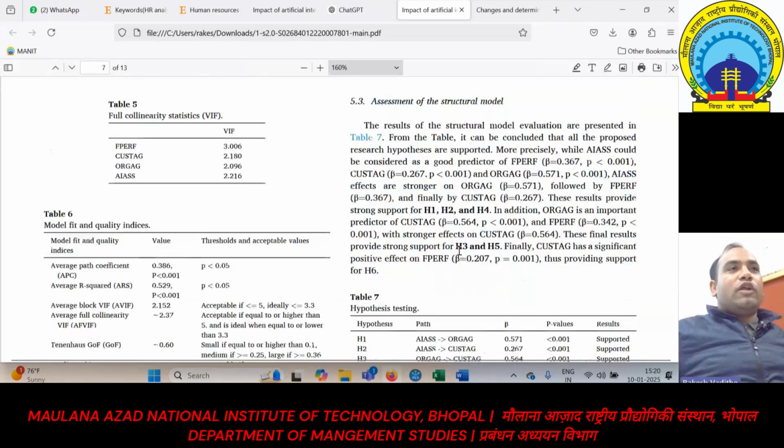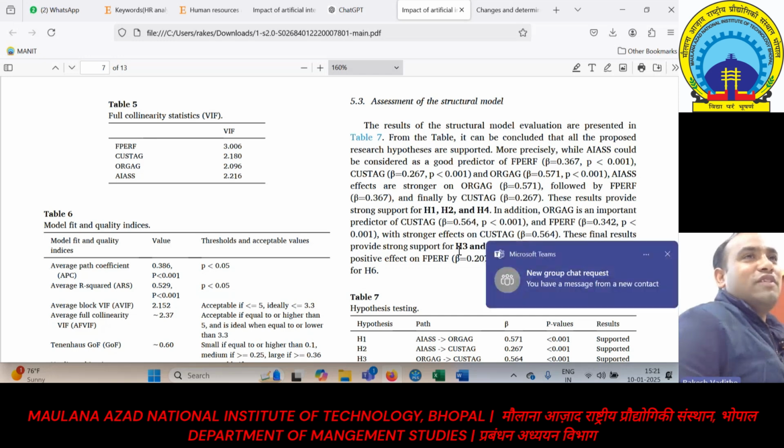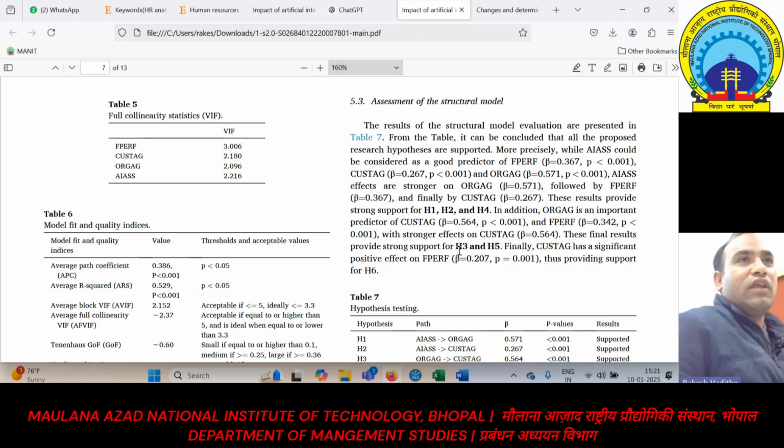If anyone has any doubt, please ask. I hope this concept was understood. Everyone will tell you how to run the model, but which values to interpret, no one will explain.